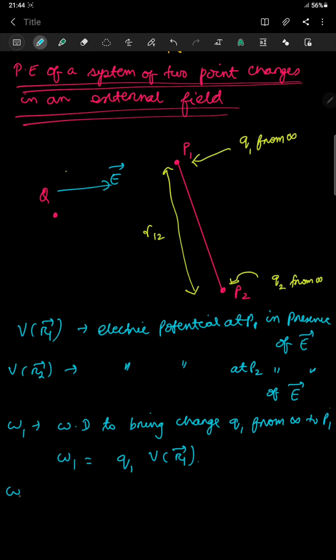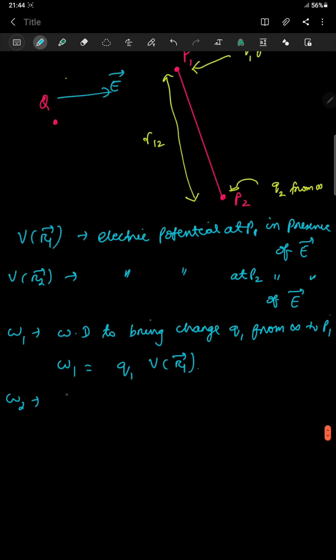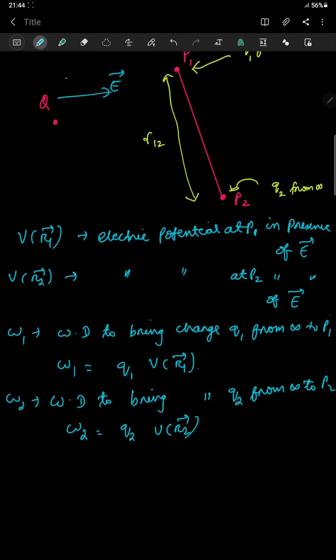Then what will W2 be? W2 is the work done to bring charge q2 from infinity to p2. Okay, so W2 will be how much? It will be q2 v(r2) vector.